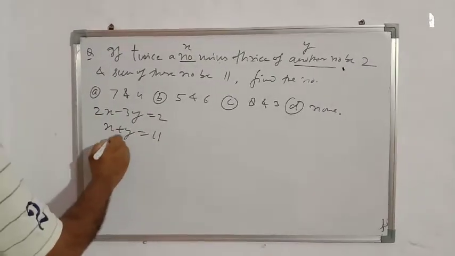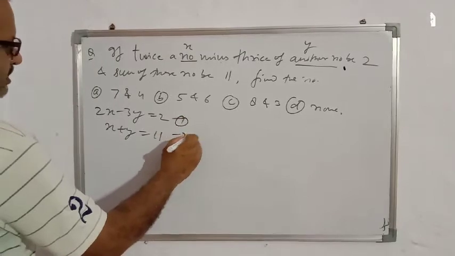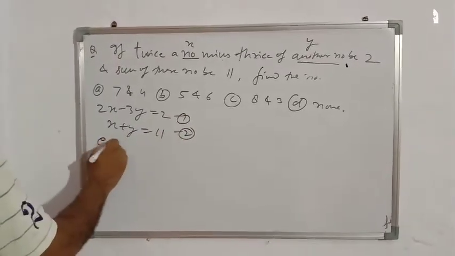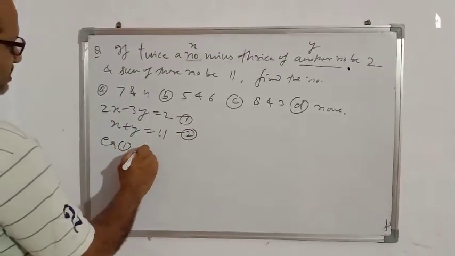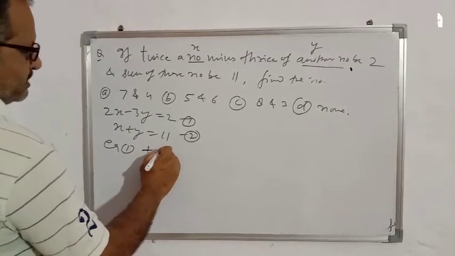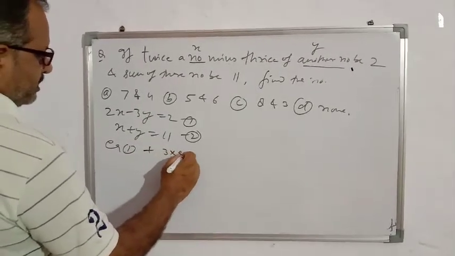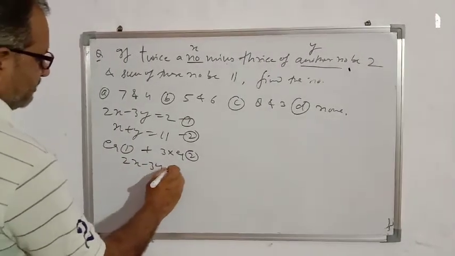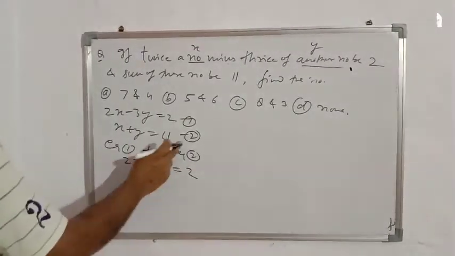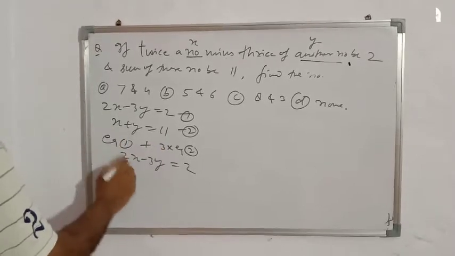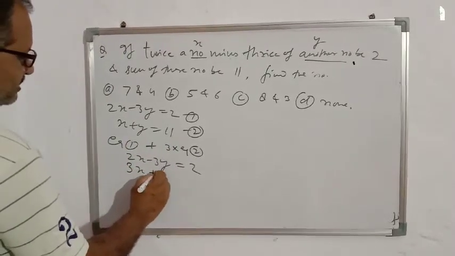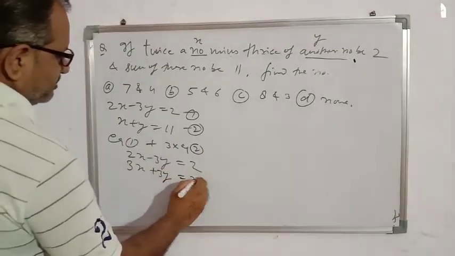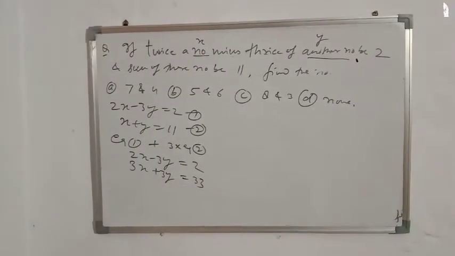Suppose it is equation number 1 and equation number 2. So equation 1 plus 3 into equation 2. Equation 1 is 2x minus 3y is equal to 2, and the second equation multiplied by 3 gives 3x plus 3y is equal to 33.